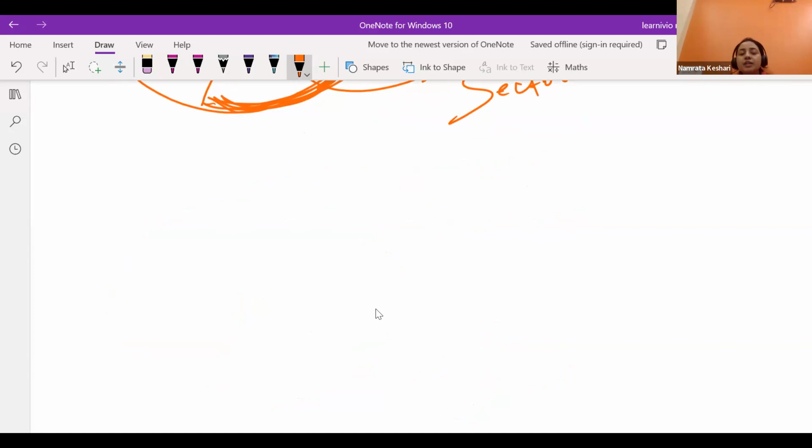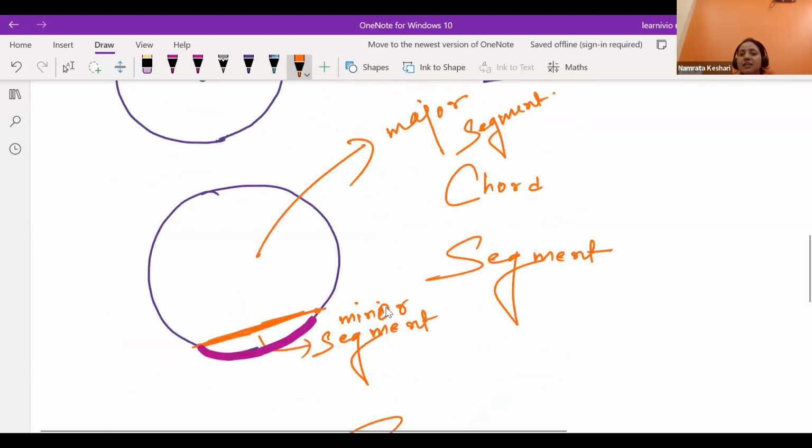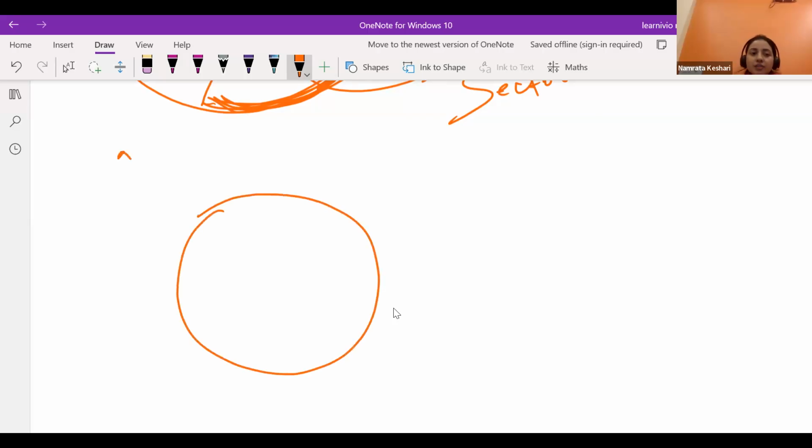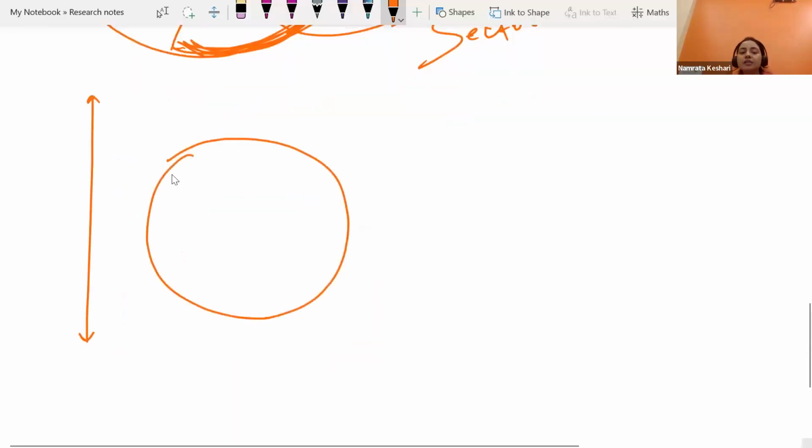So yeah, we were discussing the basic terminology related to circle. Now the terminology which we are going to discuss: suppose we are having a circle and a straight line.